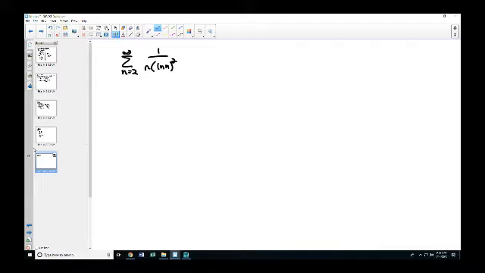Could you use the comparison test? Yes. What are you going to compare it to? 1/n, just because of the last one. Yeah, that's the only logical one we have, because there's no other series to compare it to. It's a p-series or geometric. So which one's bigger? Is the denominator larger or smaller?